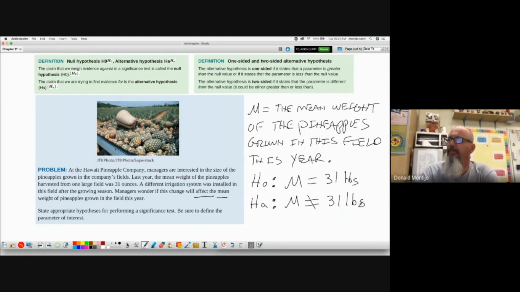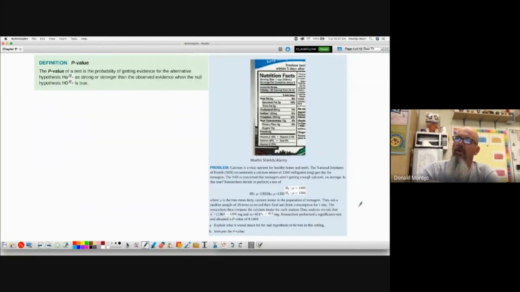All right, and how are we going to do that? Well, if the data is rare, how rare? Well, that's where the p-value is going to come in. The p-value is the probability of obtaining a result as extreme or more extreme, assuming the null hypothesis is true. So we're going to always run a significance test under the assumption that the null is true. With that assumption, we're going to draw our favorite picture.